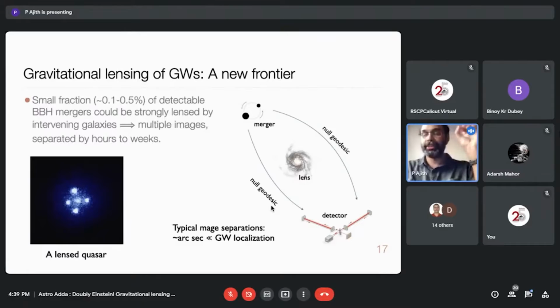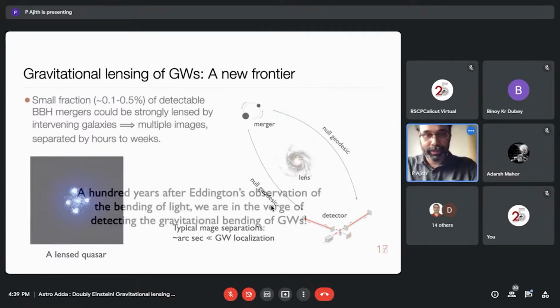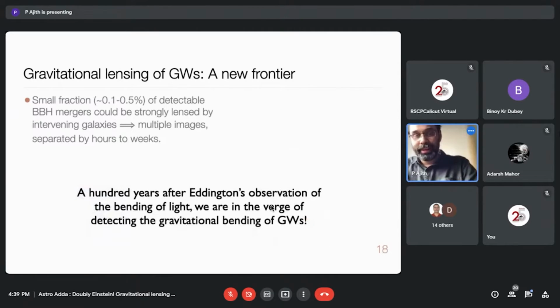We cannot make images of these sources in the sky. But what we can measure is actually a time evolution of the signal and their temporal differences of multiple copies. So within 100 years after Eddington's observation of the gravitational bending of light, we are on the verge of detecting the gravitational bending of gravitational waves.